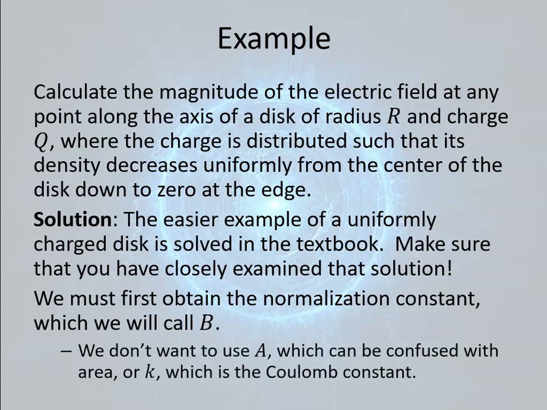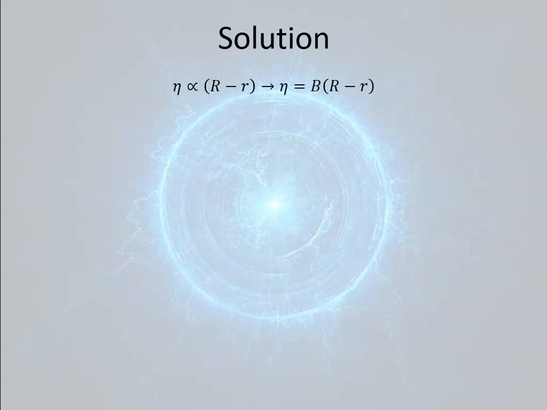Now, remember, whenever you have a proportion, you can say that your charge density, or whatever it is, is equal to that thing in the proportion times a constant. So I'm going to call the constant capital B. I don't want to use capital A, otherwise people might confuse it with the area, and I don't want to use the Coulomb constant K either, because that could be confusing also.